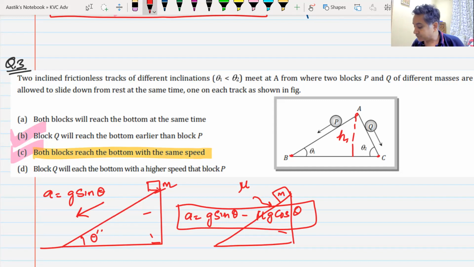So the acceleration would be more. It also has less distance to travel. So this body Q will reach earlier than the block P. Do we understand this? So mark this and remember the 2 points that I have told you.